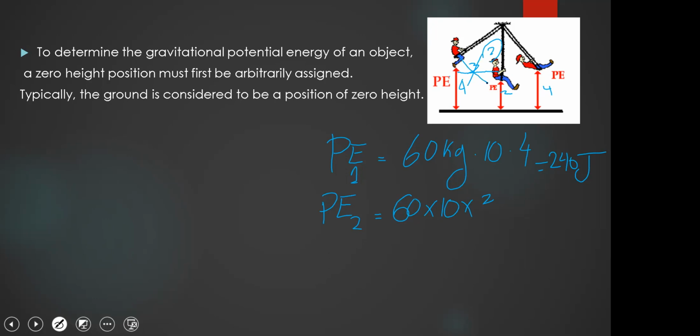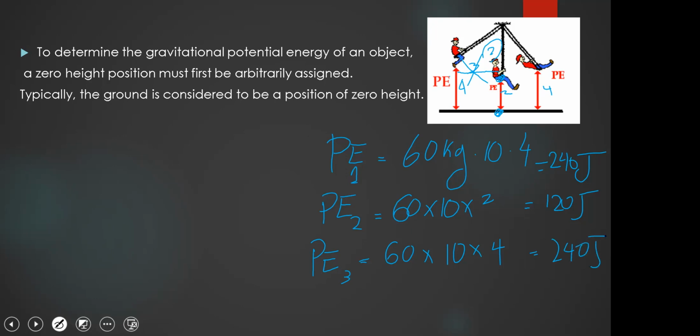I want only the vertical distance, or the height, from our reference point up to where the man is now. So times 2. And the potential energy at point 3 here is his mass times 10 times 4, which is 240 joules.